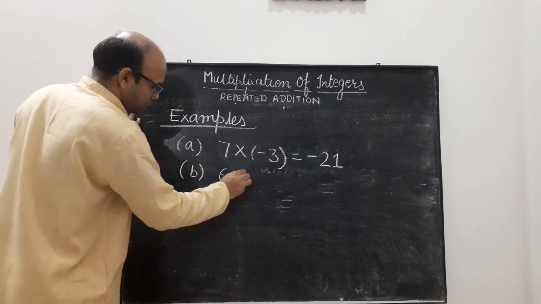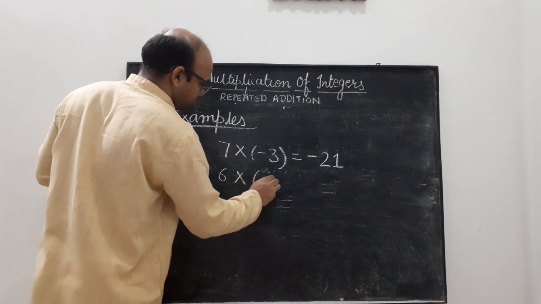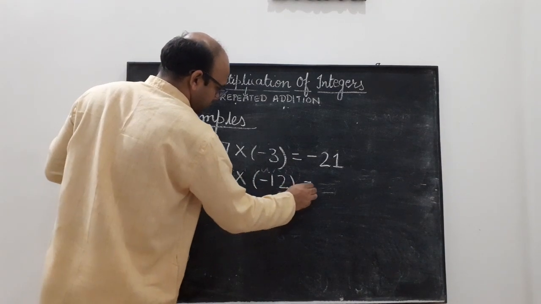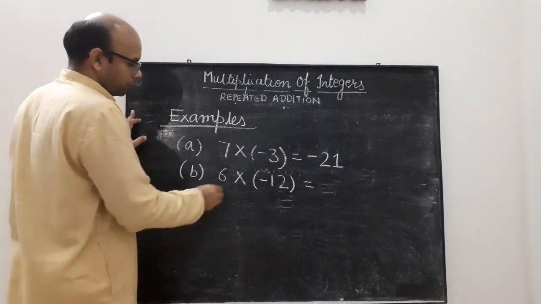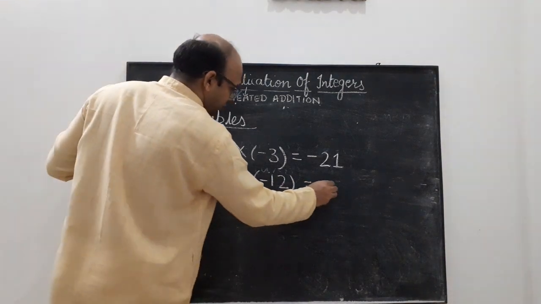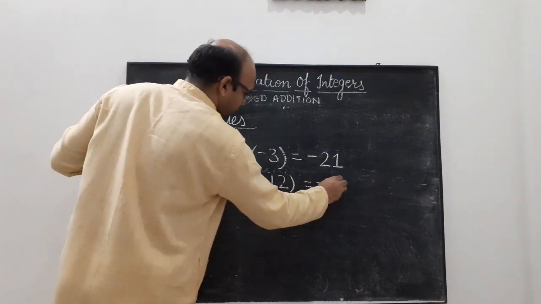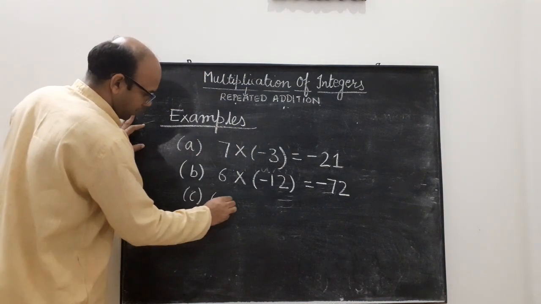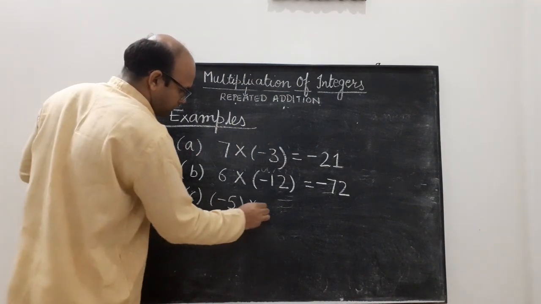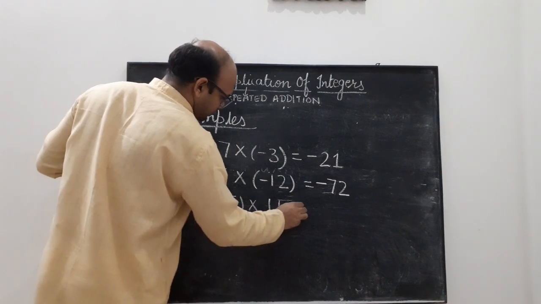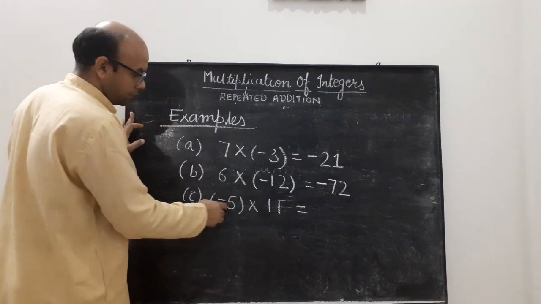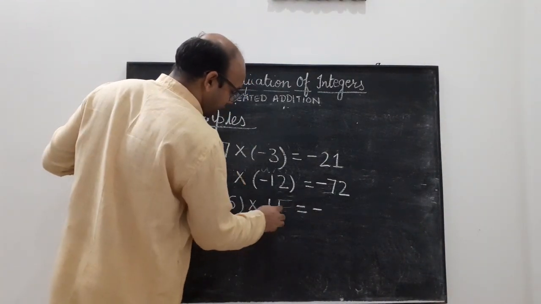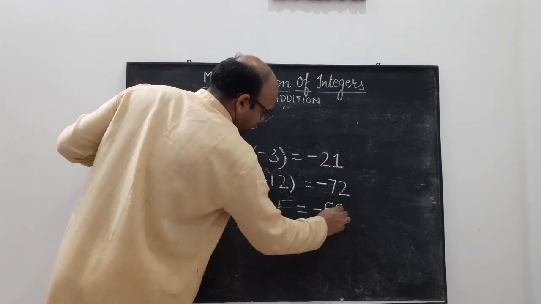If you are saying 6 cross, say, minus 12, you have the negative sign. 6 cross 12 is 72. Say minus 5 cross 11. What we get is the negative sign, and 11 cross 5 is 55.